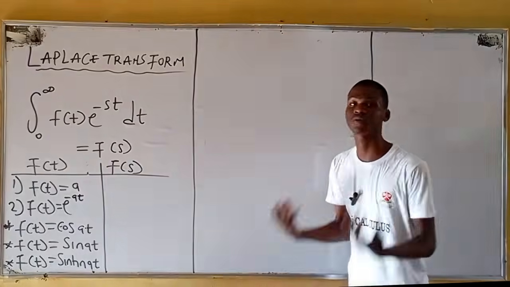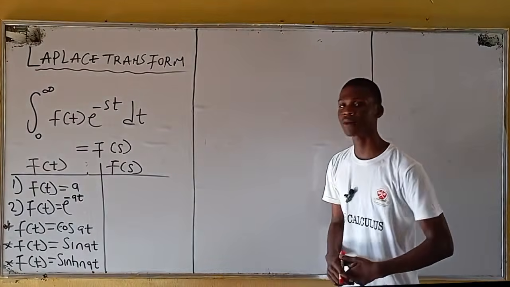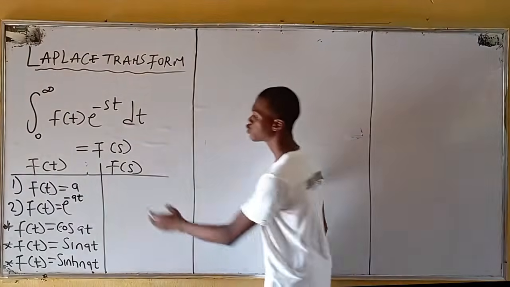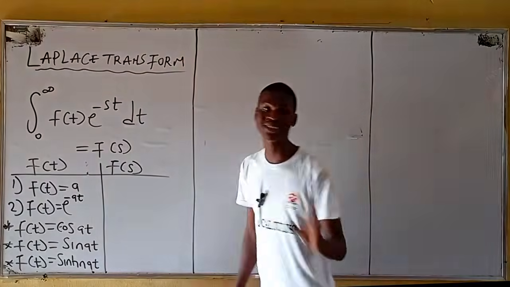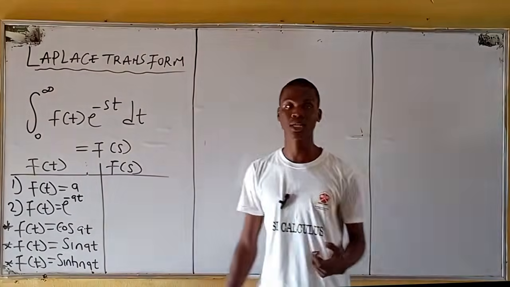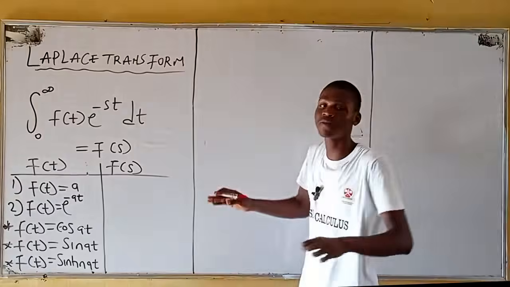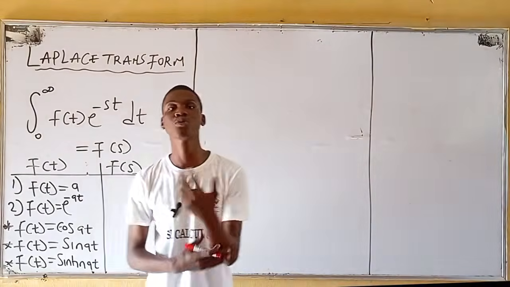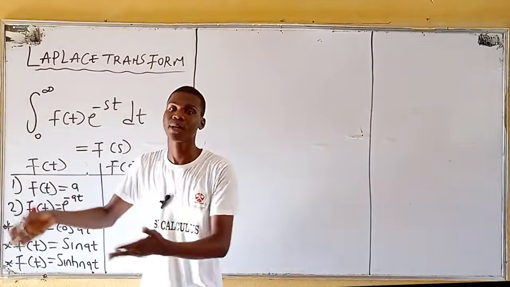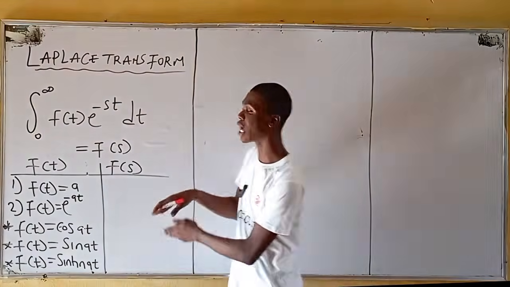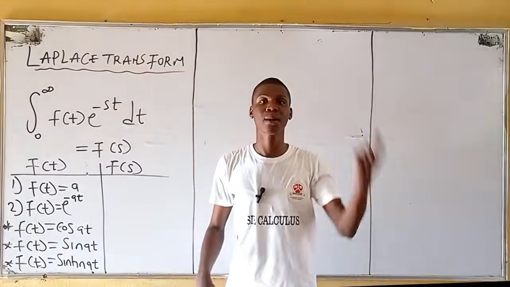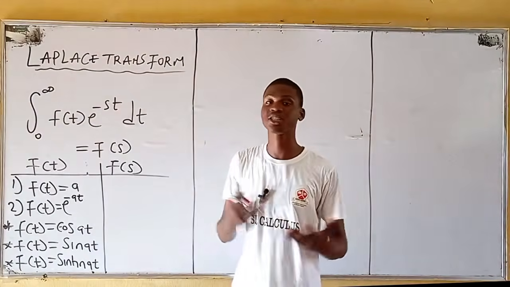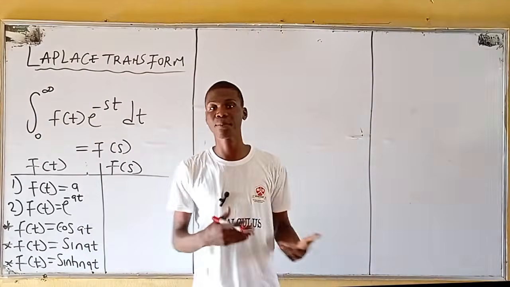Bear in mind that we want to fill up this table. And I must say this is very important when it comes to Laplace. This is the basis of Laplace generally, because as you go advanced, there is what we call inverse Laplace. So you are implementing this idea towards inverse Laplace, also solving differential equations with Laplace transform.